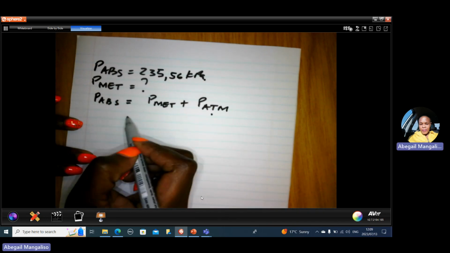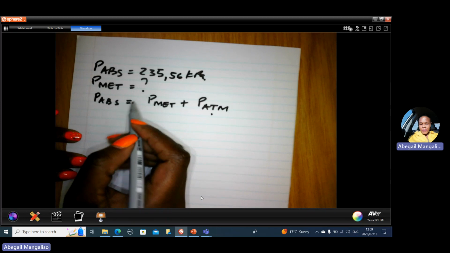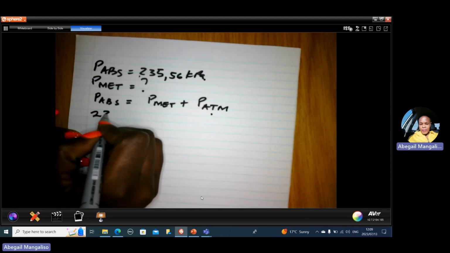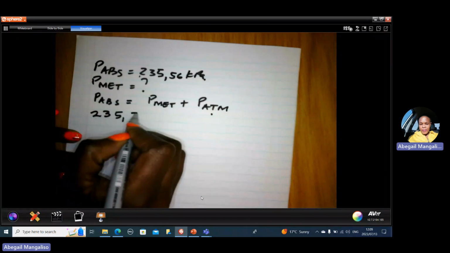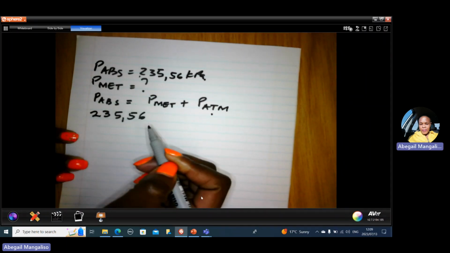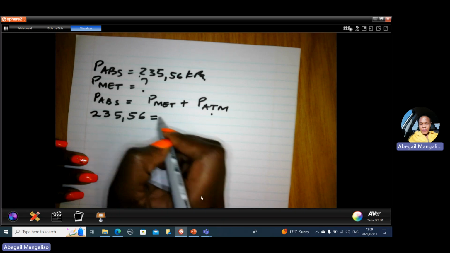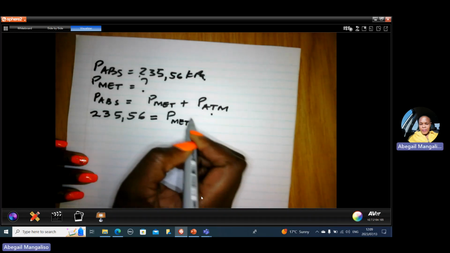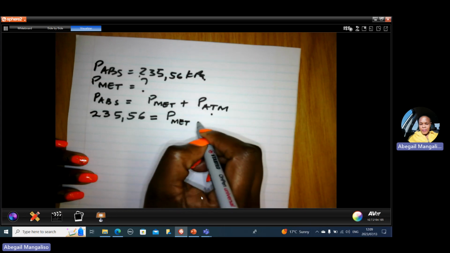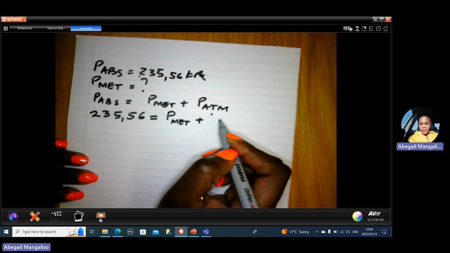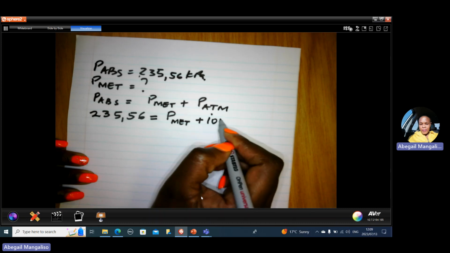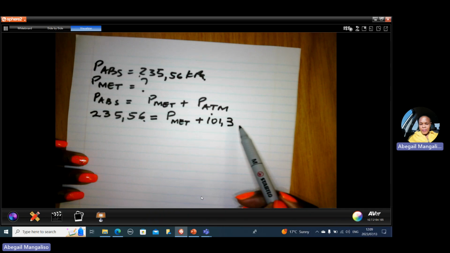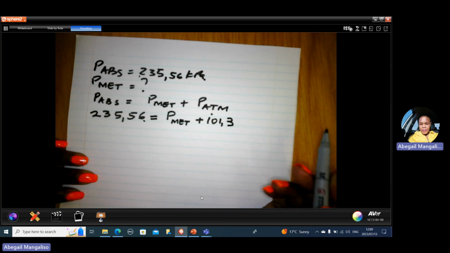Where there is absolute pressure, it will be the given value, 235,56, equal to Pmet plus the atmospheric constant of 101,3. This is in kilopascals and this is also in kilopascals.